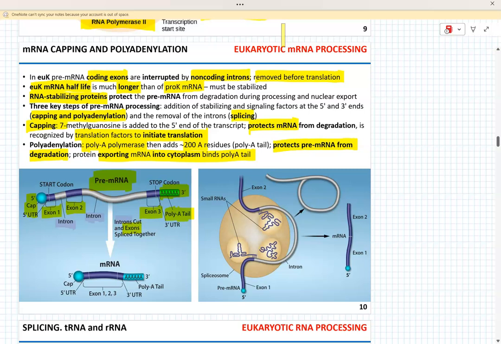It can be seen on the right panel illustration, where you can see two exons separated by an intron, and the structure called spliceosome essentially cuts that intron out and stitches exons 1 and 2 back together.